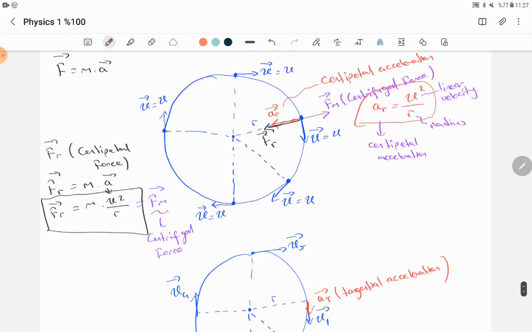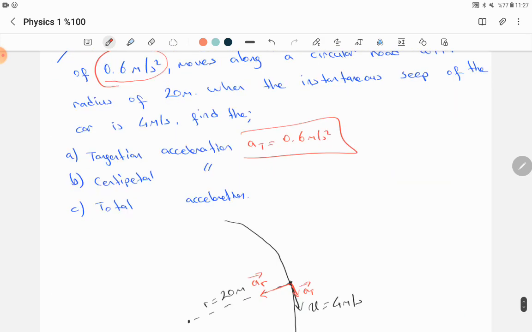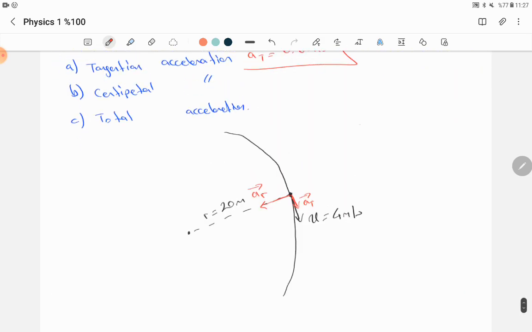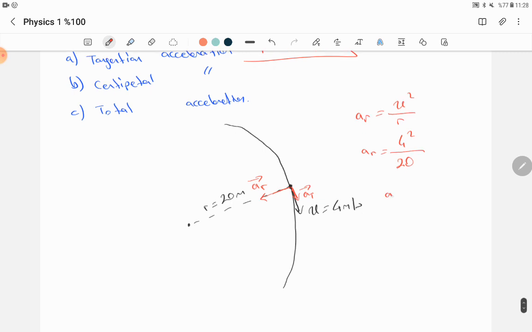Our centripetal acceleration depends on the linear velocity and the radius: 4 squared divided by the 20 meter radius, and we find the centripetal acceleration is 0.8 meter per second squared.